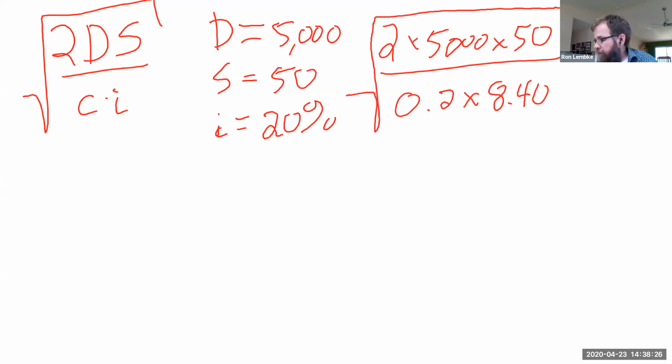Two times 5,000 times 50 divided by 0.2 divided by 8.4 is some big ugly number. Take the square root and we get 546.